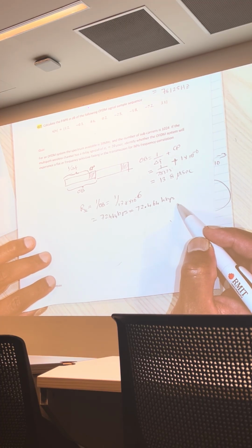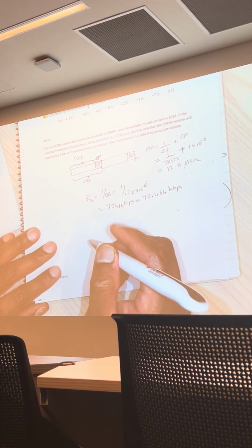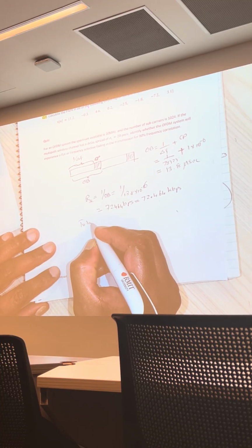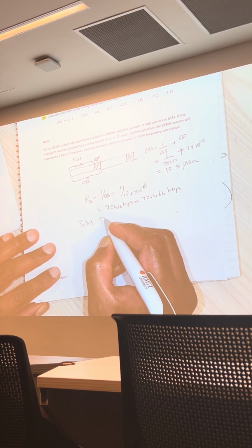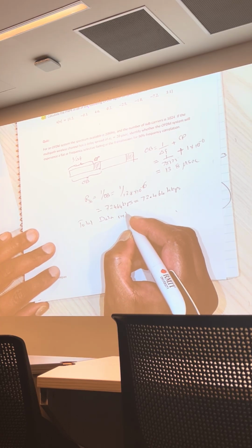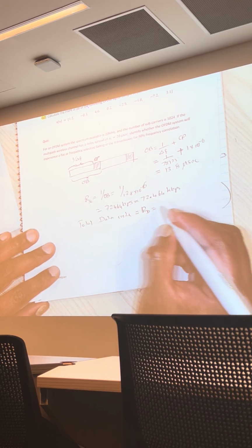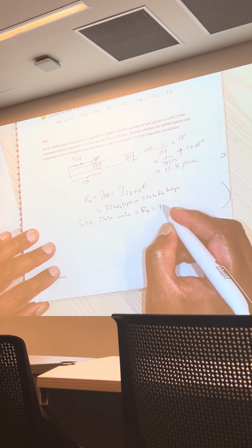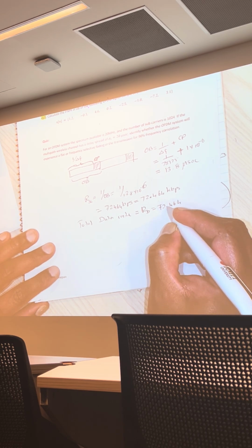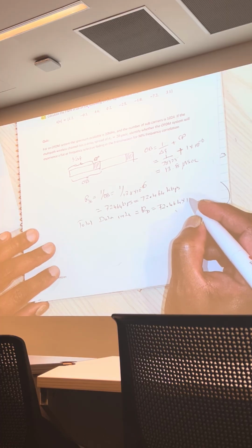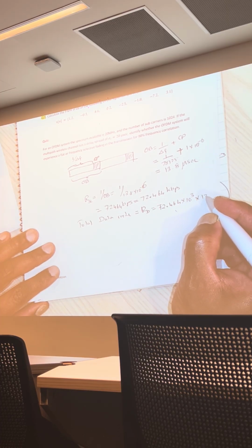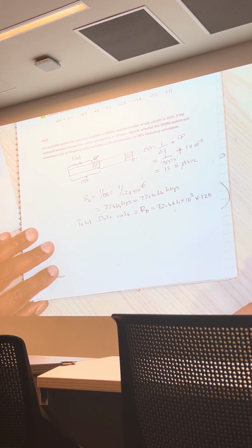And that is true per carrier, and therefore the total data rate, let's say R, is 72.464 into 10 to the 3 times 120, because we've got 120 subcarriers.